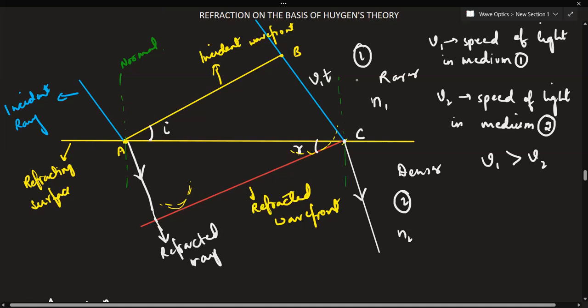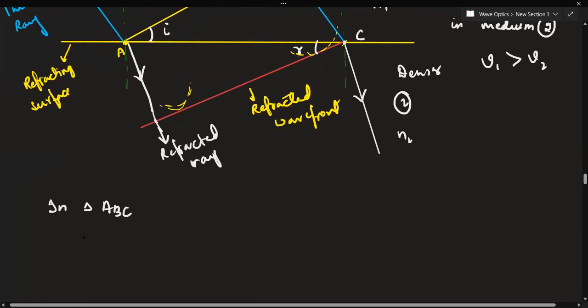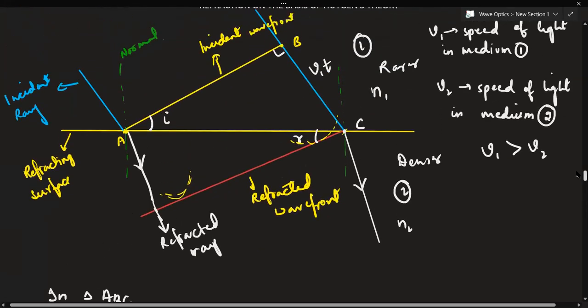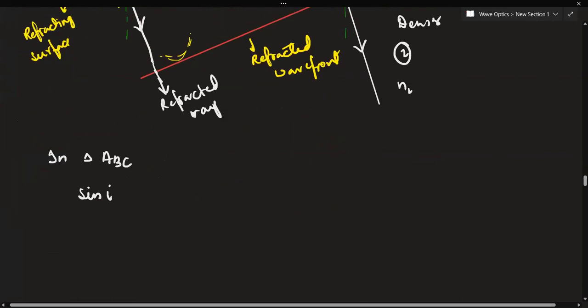Previously it was above the reflecting surface; here it is below it. This will be perpendicular definitely. So if I take the sine of this angle, sine I, in this triangle, looking at the figure, this is the perpendicular and this is the angle. Sine I should be equal to what in terms of BC by AC? Sine I would be equal to BC by AC.